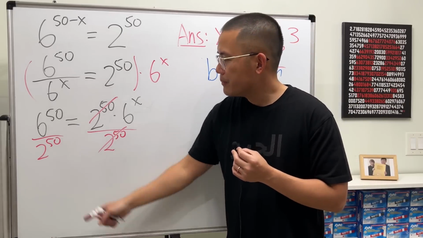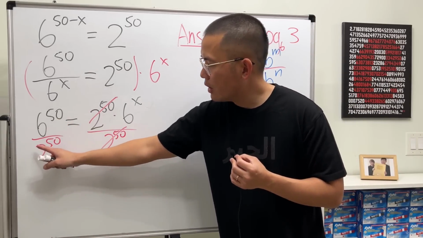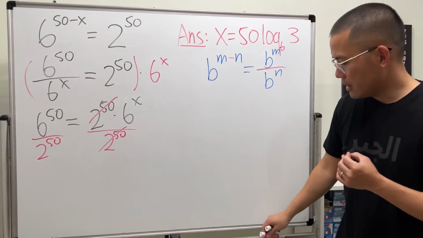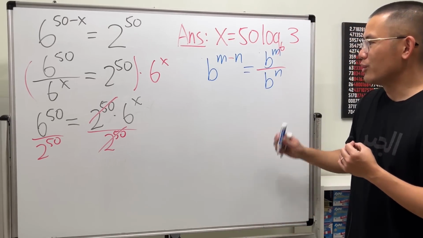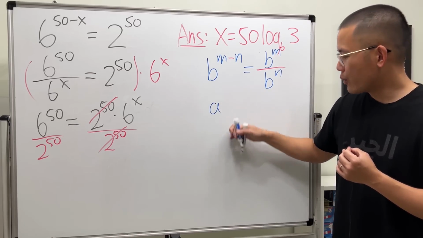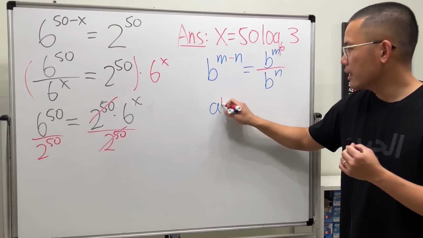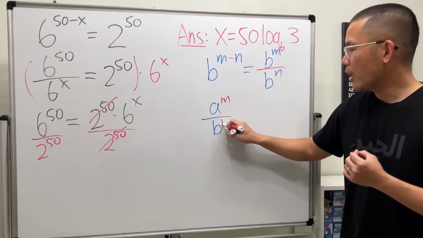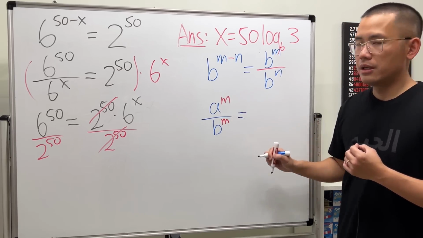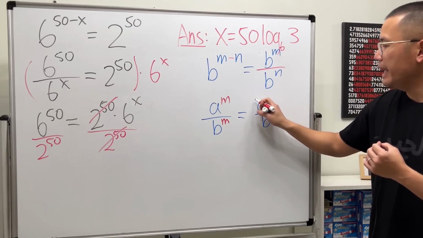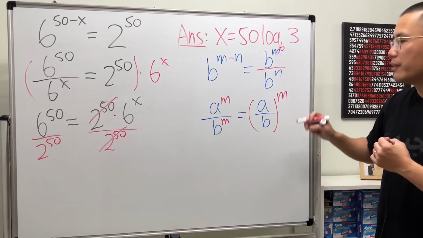Now check this out. 6 to the 50th over 2 to the 50th. Notice how the exponents are the same, right? So we can use another rule of exponent. Here's the deal. If we have a to some power m over b to the same power m, this right here is the same as you do a over b first and then raise to the power of m.